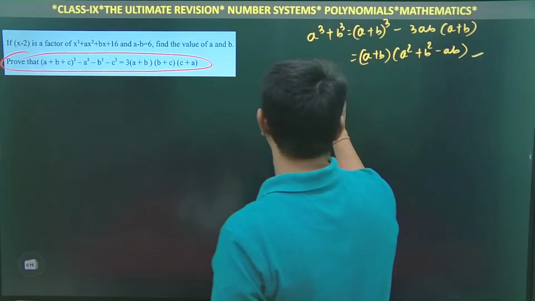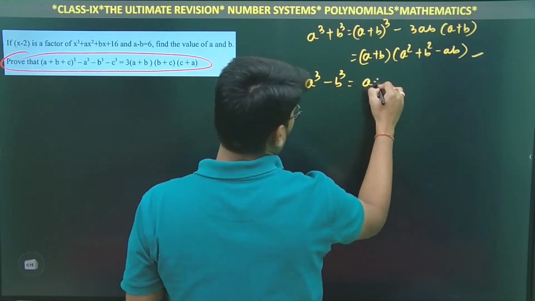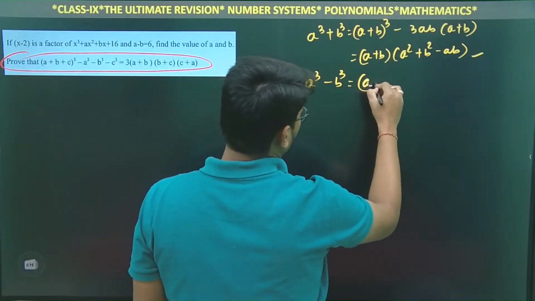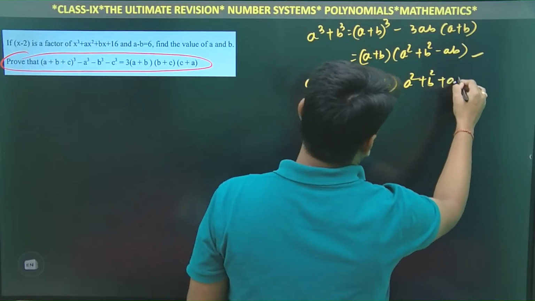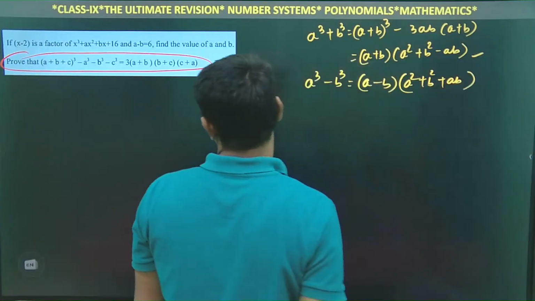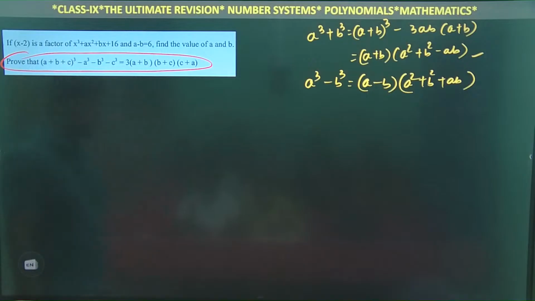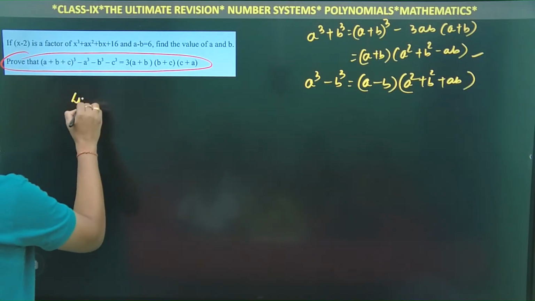Similarly, a cube minus b cube is what? a plus b or a minus b? It is a minus b into a square plus b square plus ab. Right? Now check, a plus b plus c whole cube is there. Let me take the LHS.